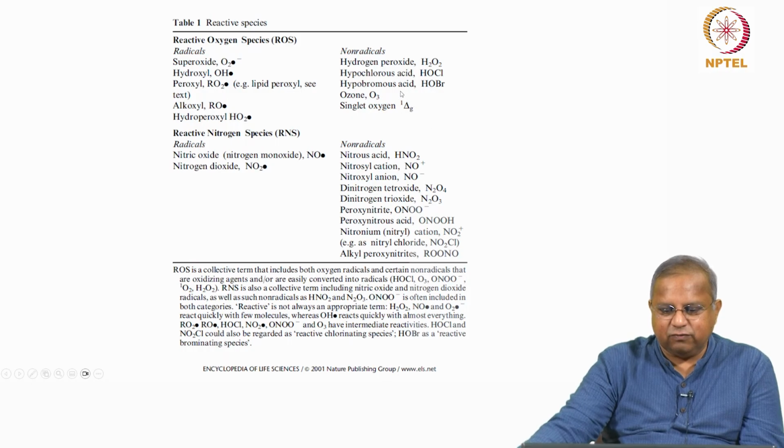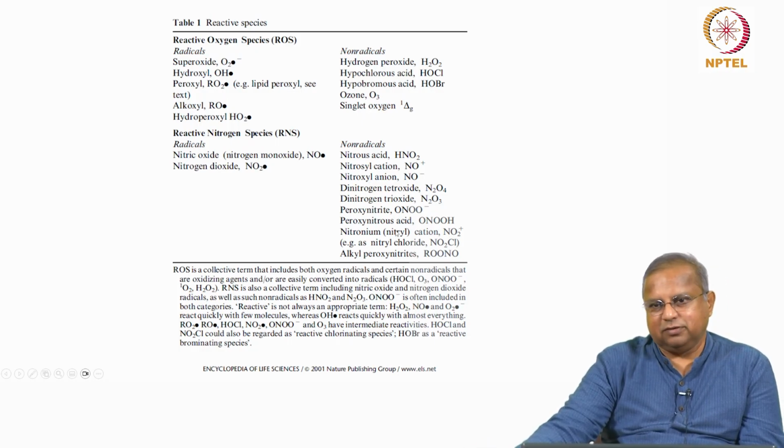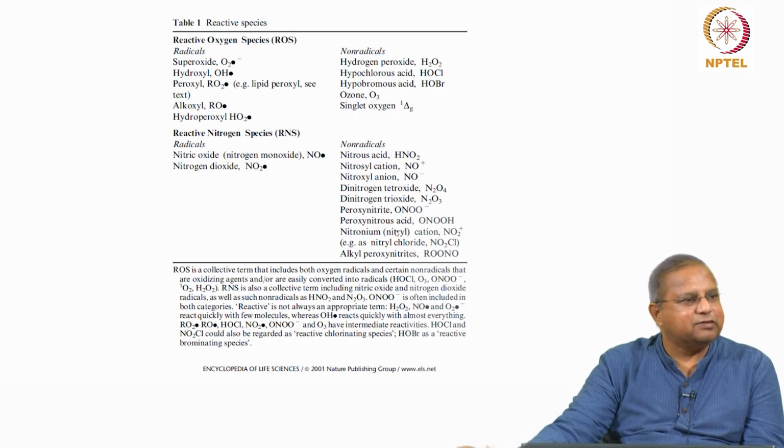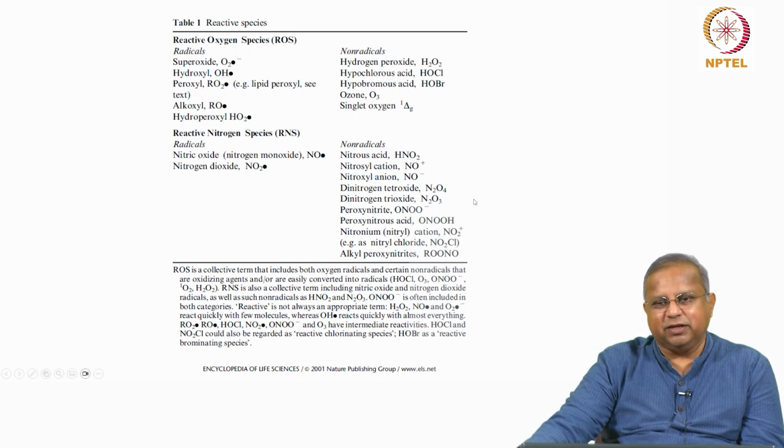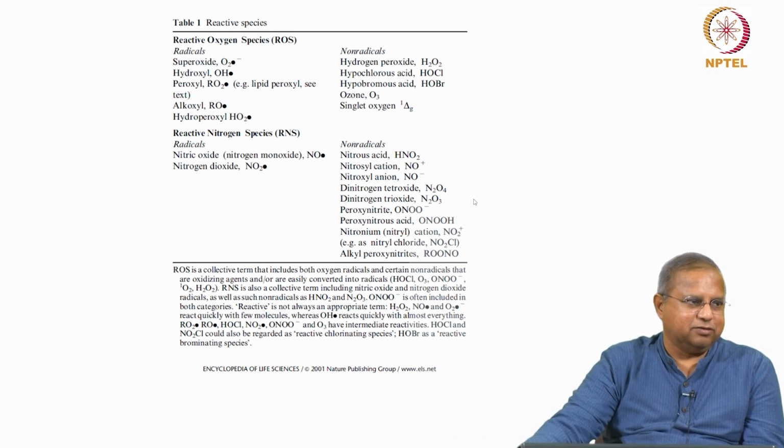Singlet oxygen, one form of it is given here, and nitrous acid, and so on and so forth. Okay. There are many, as and when you come across, see whether it's categorized as a reactive species in the source. That's all. There's no other way of finding it out. Typically, if the reaction rate constants are very high, 10 power 7 and more, it's certainly a reactive species.